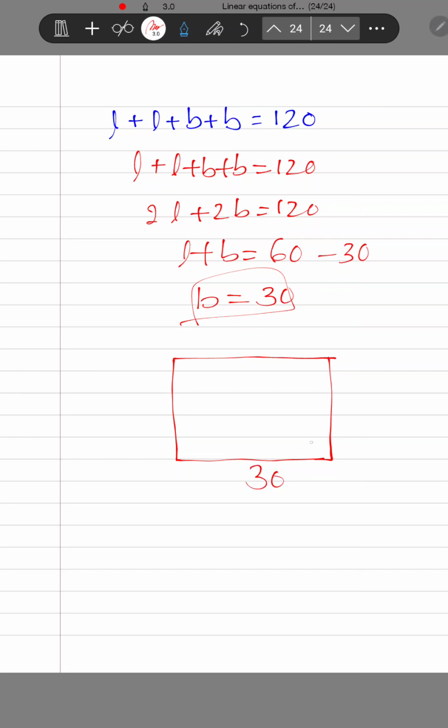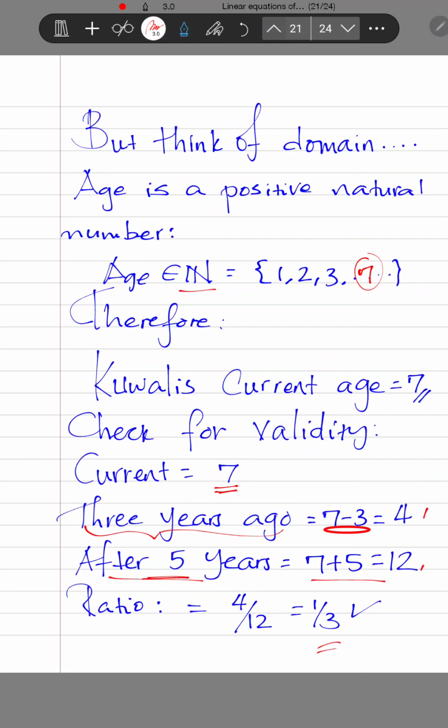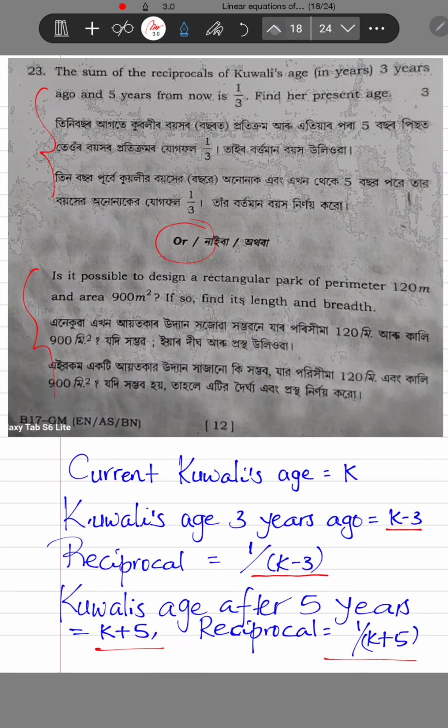Now we have 30 here, and the question is saying we need to see whether it is possible to design a rectangular park. Again, this term we can speak of in terms of mathematics.